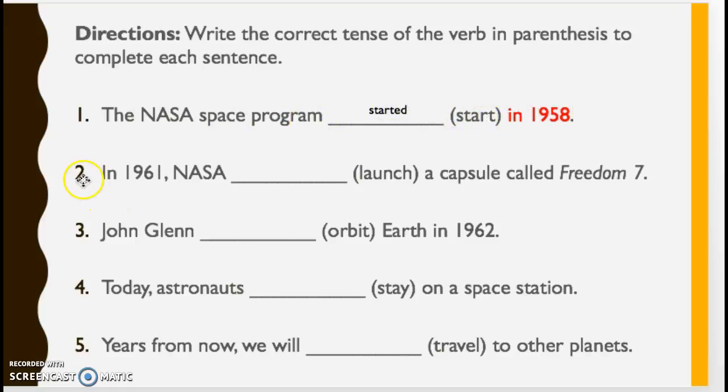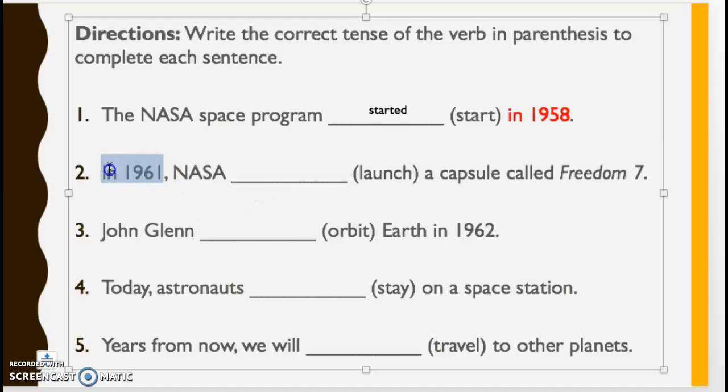Awesome. All right, let's go to number 2. I want you to read number 2 with me as a group. Remember to keep your voices on a whisper. All right, number 2. In 1961, NASA blank a capsule called Freedom 7. Do you see any words in this sentence that would help you decide if it was past, present, or future tense?